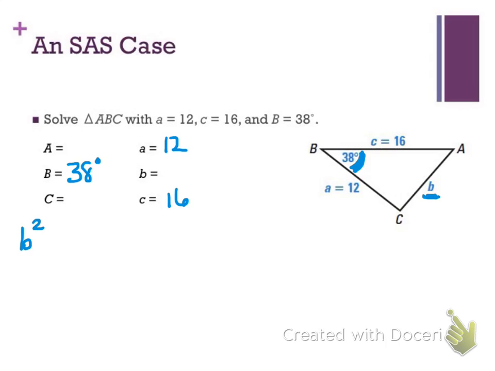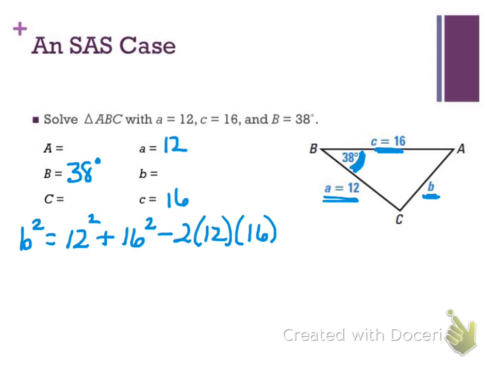So B squared will equal one of the sides that we do know squared, so A squared will be 12 squared, plus the other side that we know, which in this case is side C, that's going to be 16 squared, and then minus 2 times the A of 12 times the C of 16 times the cosine of my angle B, 38 degrees.